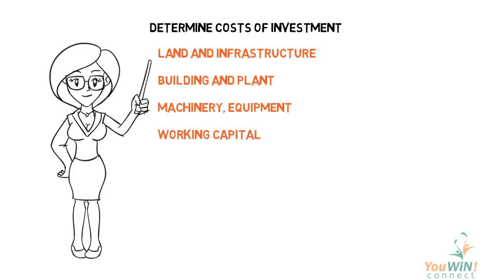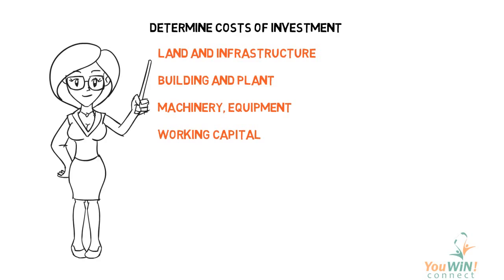Office and factory, what's the design? What are the construction expenses? Working capital, required stock levels of raw materials, work in progress, finished goods, and all of this, the cost of all this goes into what we would make provision for in the financial plan.